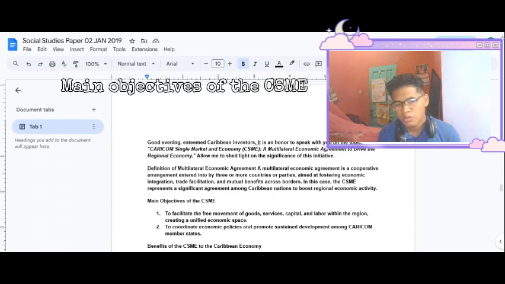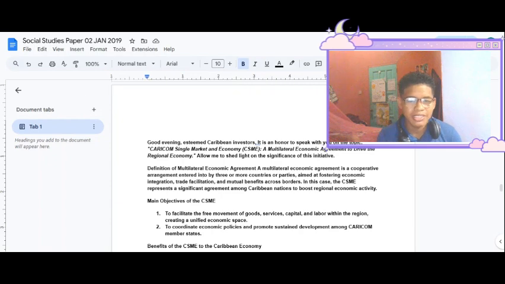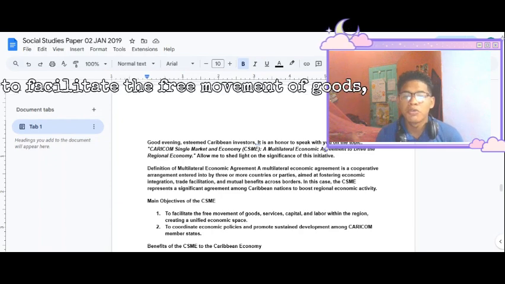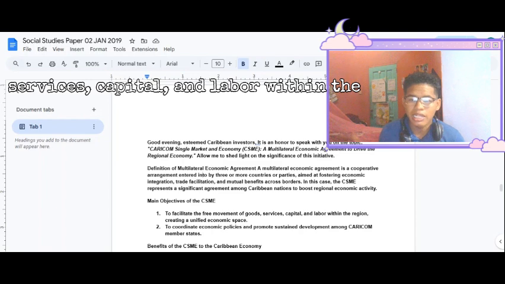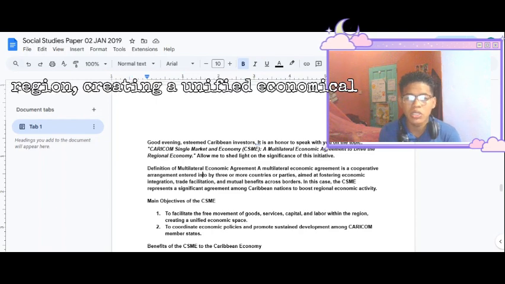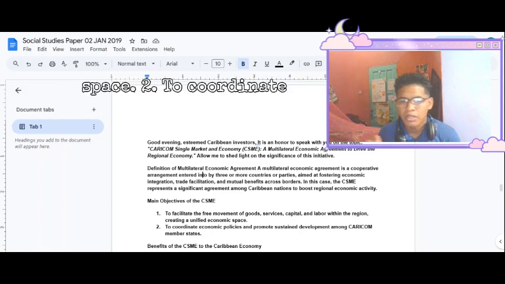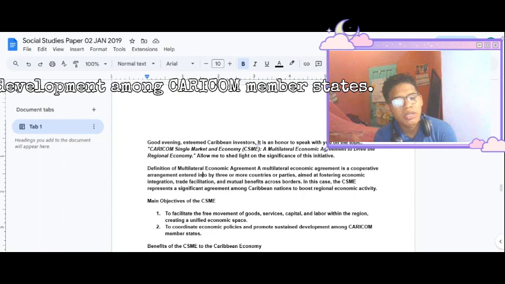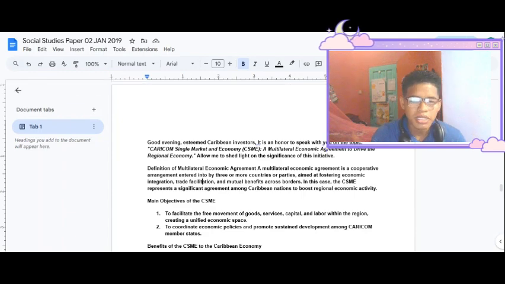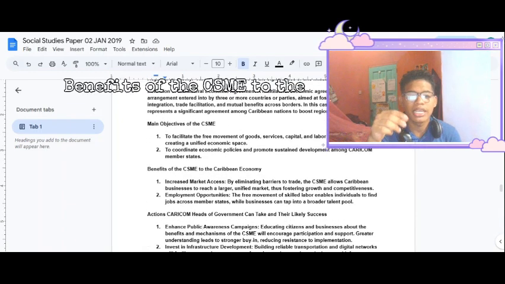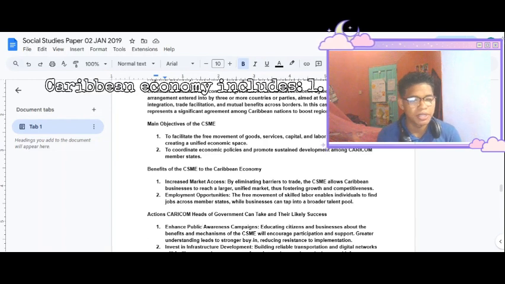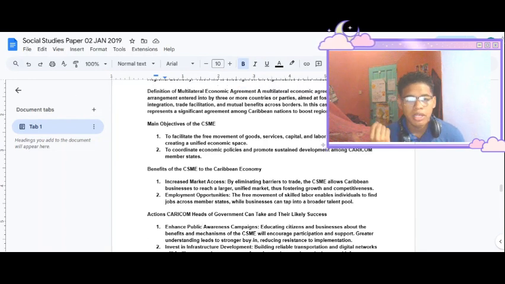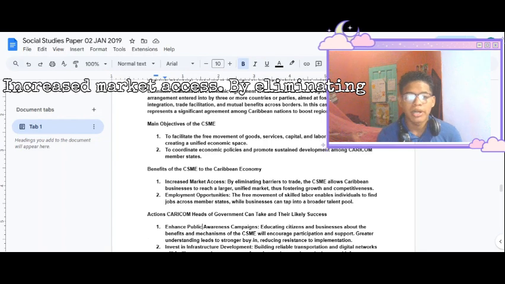Main objectives of the CSME: 1. To facilitate the free movement of goods, services, capital, and labor within the region, creating a unified economic space. 2. To coordinate economic policies and promote sustained development among CARICOM member states. Benefits of the CSME to the Caribbean economy include: number 1, increased market access.